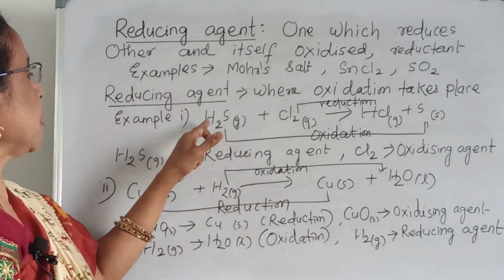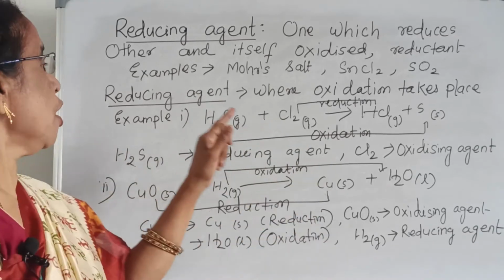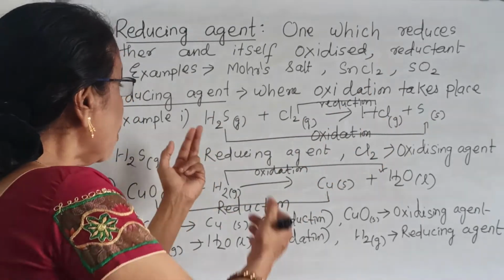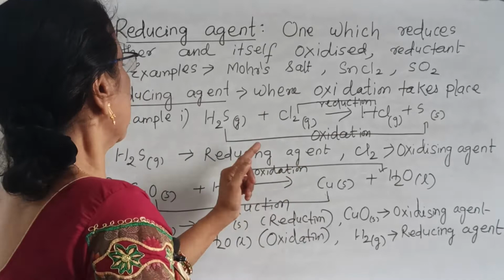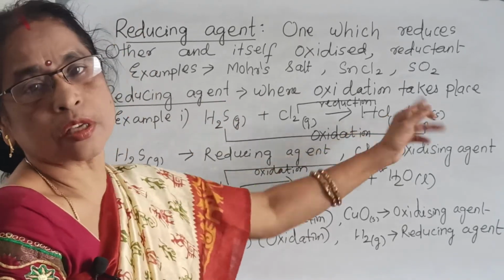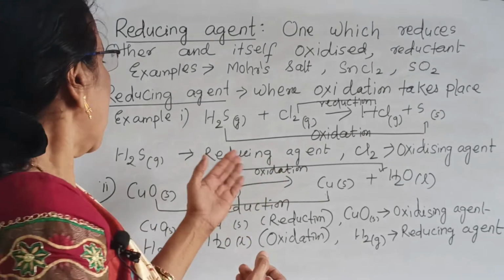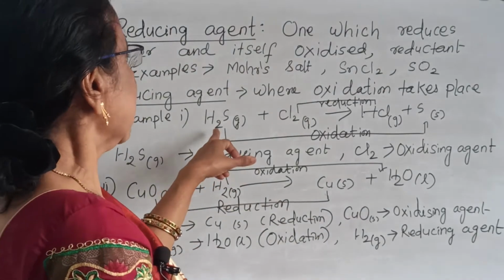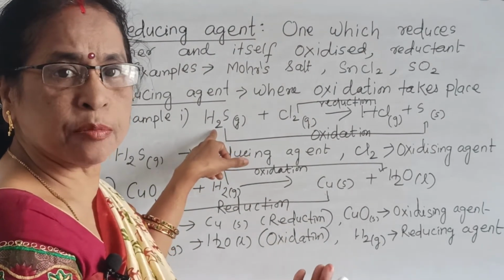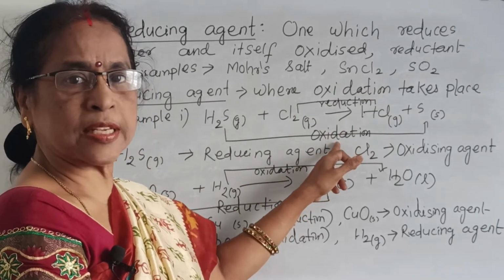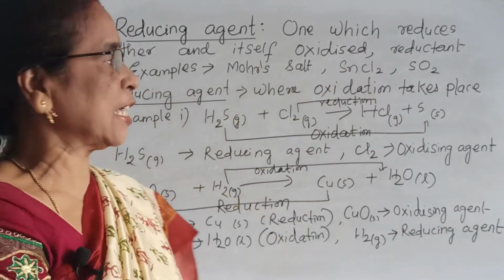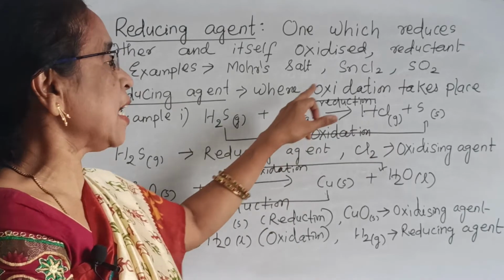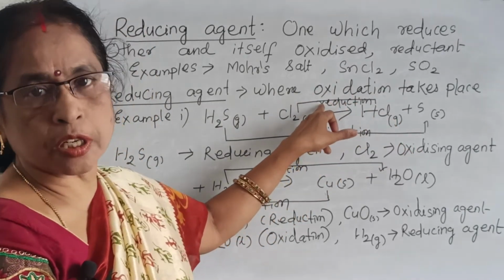Again see, H2S acts as a reducing agent because it reduces chlorine to hydrochloric acid gas, and itself is oxidized to sulfur. I told you a reducing agent is one which reduces others and itself is oxidized. Itself oxidized means hydrogen is removed, so oxidation takes place. Similarly, chlorine changes to hydrochloric acid, HCl, which means addition of hydrogen takes place, that means reduction takes place.